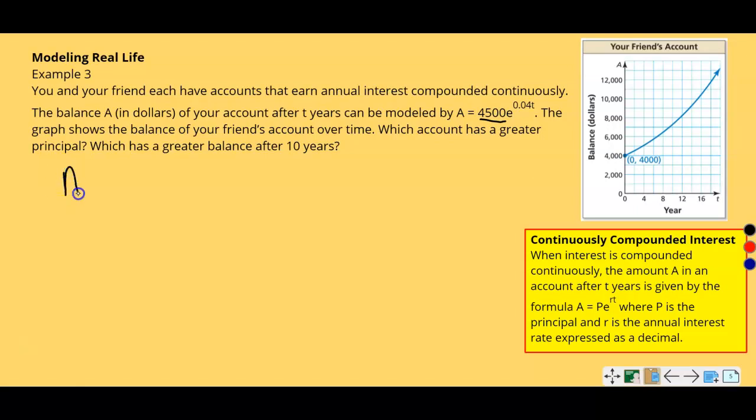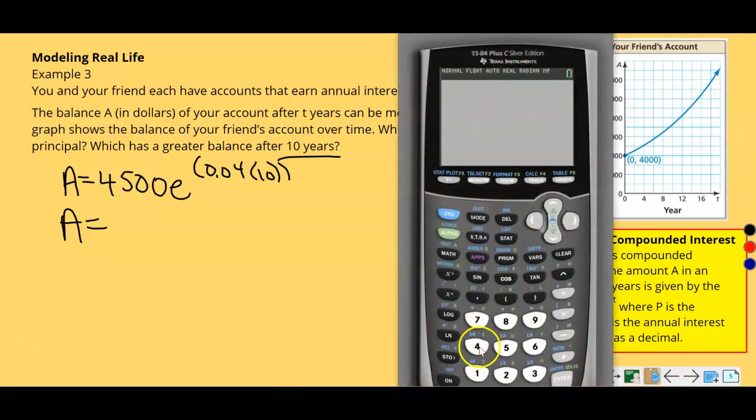All right, so for your account, we can plug in 10. So the account equals 4,500 E to the 0.04, and we want to know for 10 years. And again, we can use our calculator to do this. So I'm going to do $4,500 times E. And then I want to raise that. I'm going to put this in parentheses just to make sure it raises all of it to the power.